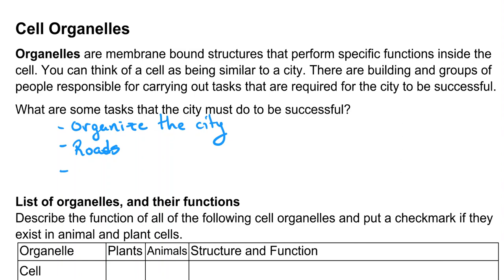Well, inside of a city, you need waste removal. So there has to be some sort of people coming to pick up the trash of organizations and buildings and people and companies. So these waste removal people are really critical, because otherwise the waste would build up, and that's not good for anybody, right?